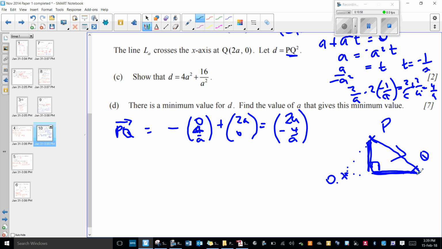So we've got (2a) squared plus (negative 4 over a) squared, which is 4a squared plus 16 over a squared.